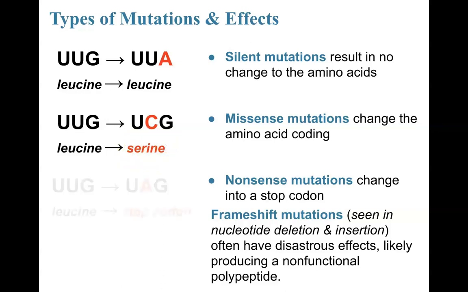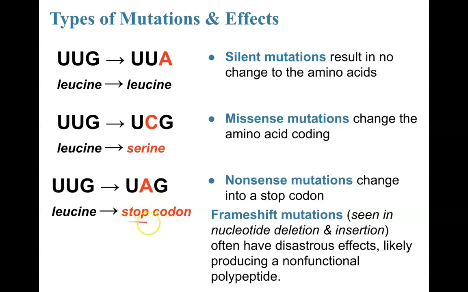A nonsense mutation is when what was an amino acid now changes to a stop codon in particular. So UUG, again, same example, coding for leucine. Now it's UAG, that U changes to an A. That's a stop codon, UAG.